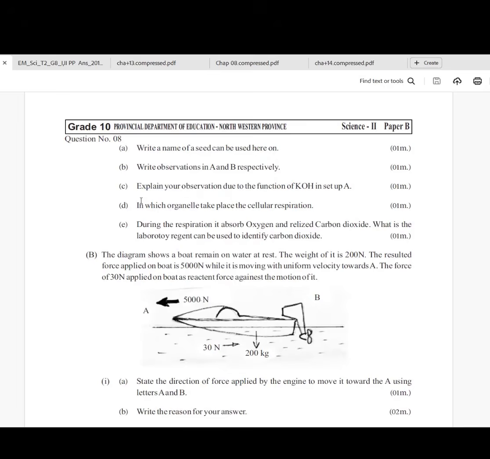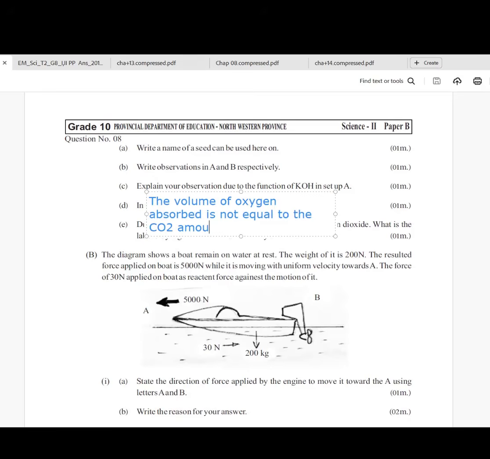Explain your observation due to the function of KOH in setup A. The volume of oxygen absorbed is not equal to the released carbon dioxide, because the carbon dioxide has been absorbed by KOH.